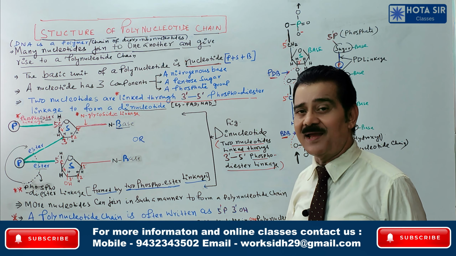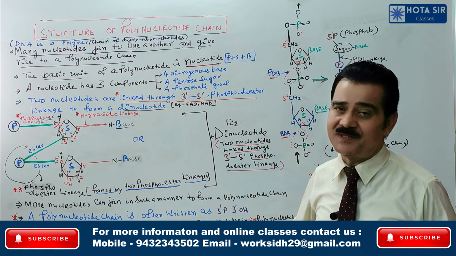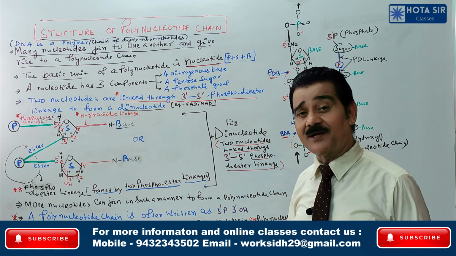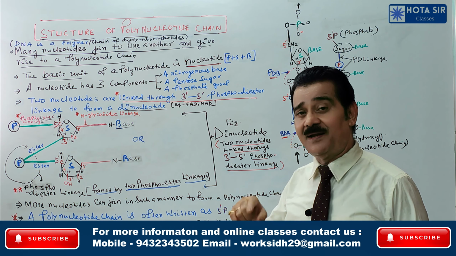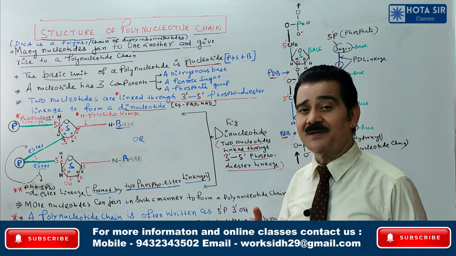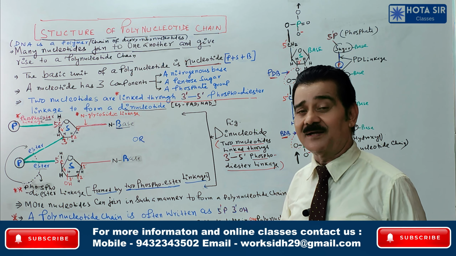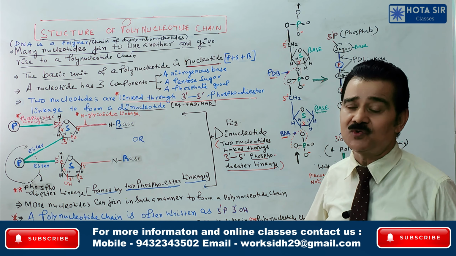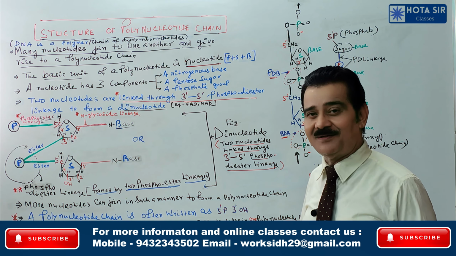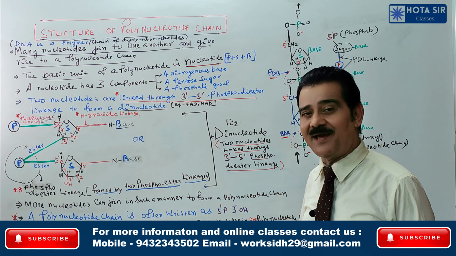So 99 phosphodiester bonds would be the answer. It is only for a single polynucleotide chain. Later on you will study the double helix structure of DNA. Here the formula will change. Here it will be n minus 2 because there are two strands of polynucleotide chain. Clear? For one chain, the formula is n minus 1.